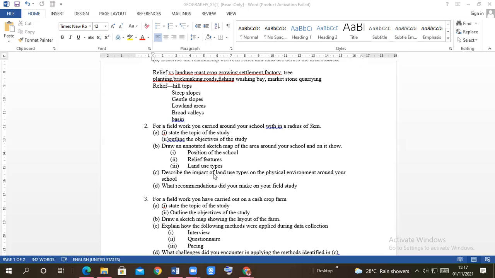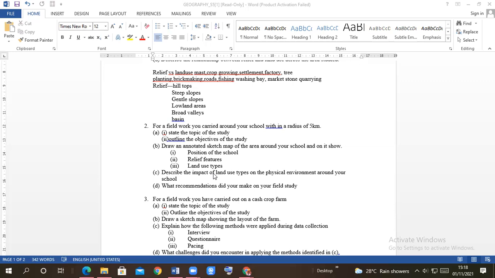So water pollution, which leads to death of what? Death of aquatic life, such as fish, due to the emission of these chemicals. By which kind of economic activity or land use? That is industrialization.